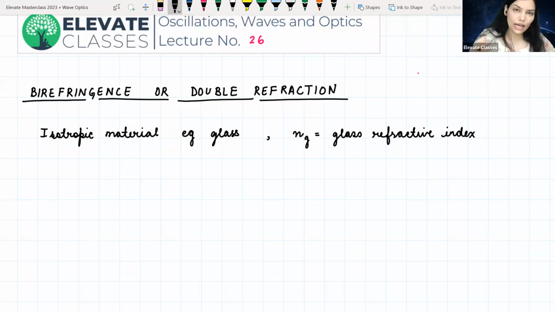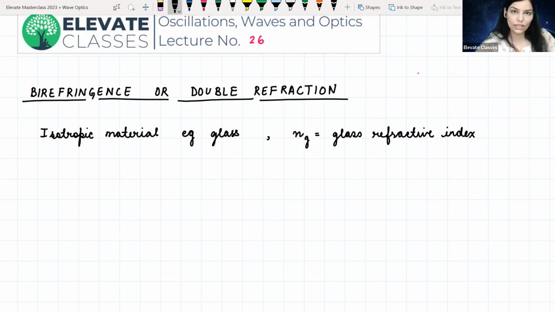So whenever I use the word isotropic, what I mean is that irrespective of in which direction I am going inside the crystal, at whatever angle the incident light is propagating inside the crystal, immaterial of that, it will always experience only one type of refractive index, which is constant for that particular material.